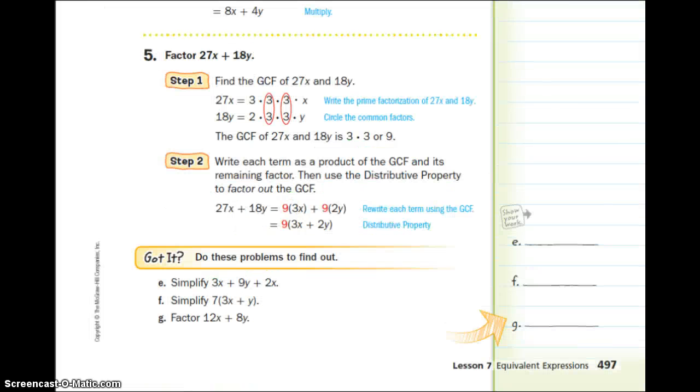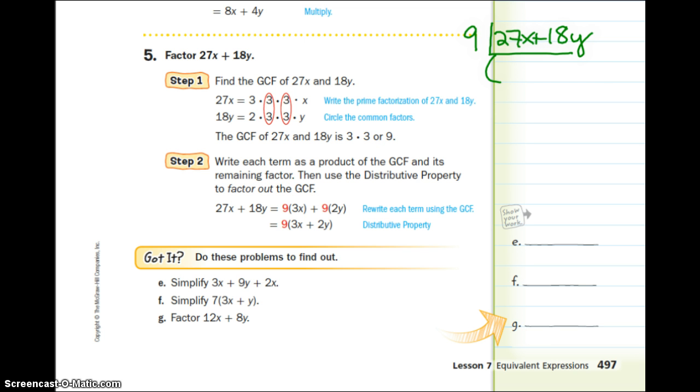The last example, number 5, involves the upside down division tree. So we put 27x plus 18y. So the first thing I got to do is think about 27 and 18. Where do I see them on the multiplication table? I could think 3, but I can actually think higher. I know that 9 is the greatest common factor, so I'm going to pull out a 9 on both of them.